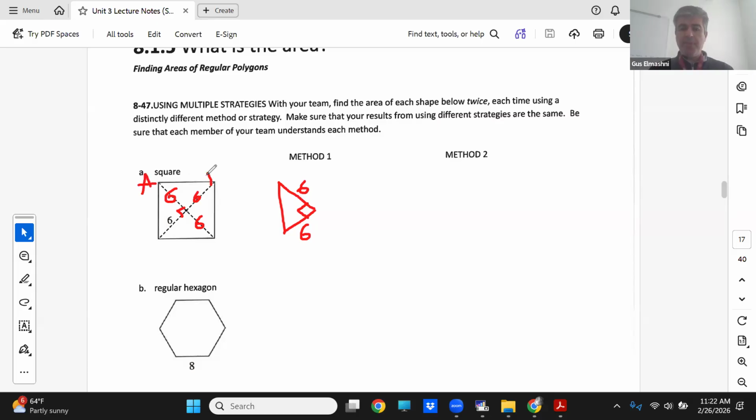So A, B, C, D, and let's call the inside E. You're doing the math in your head. Got it. So you can look at it from that perspective. Try two different methods for solving this. For the hexagon, remember we did that little teaching the other day. I know some of you guys weren't here on Tuesday. Each side is 8, by the way.